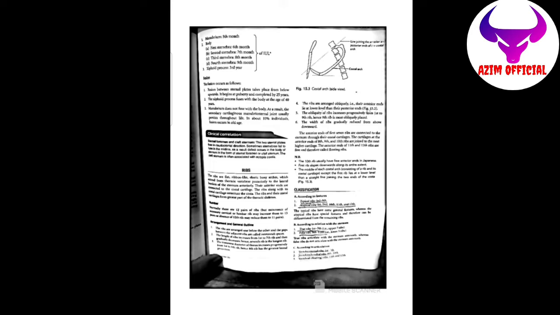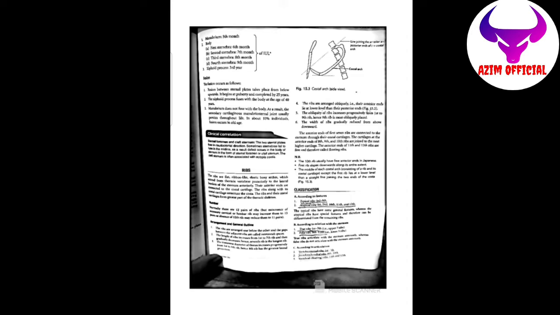Normally there are 12 pairs of ribs, but occurrence of an accessory cervical or lumbar rib may increase them to 13 pairs. It is abnormal, not always occurring. Or absence of the 12th rib may reduce them to 11 pairs.